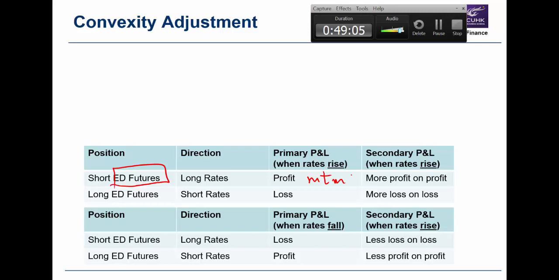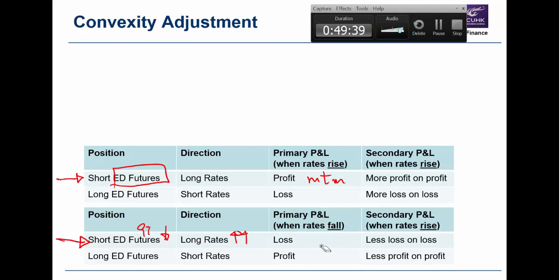Yeah? Now, take a look at this line here. So jump to this one. It's the same position, the same trader, and I'm talking about the same trade, but now your view is wrong because you were betting that interest rates will go up. That's your bet. You were betting that the Eurodollar futures, that 90-something number, will go down. You're betting that rates will go up, but you're wrong.